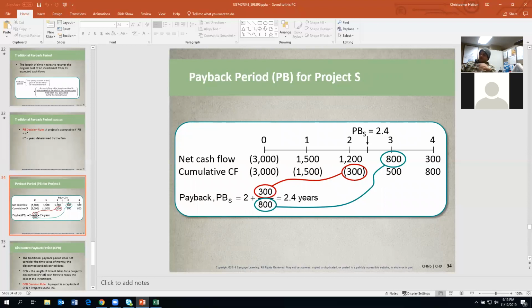So you just take whatever's in the parenthesis as the numerator, and then whatever number you have for the next year, net cash flow is the denominator. So we'll get into a pretty long example at the end of the lecture here, but that's how you do it. Oh, these are always going to be positive numbers, so just take the positive, the absolute value of any negative number.